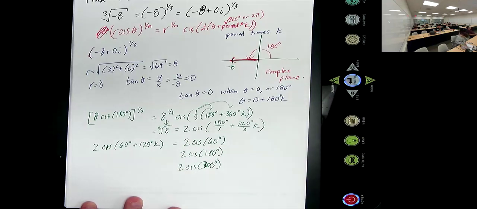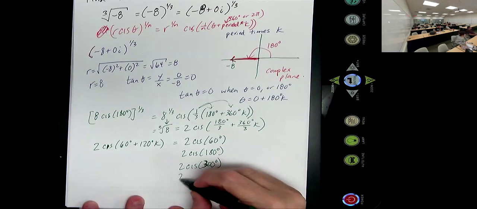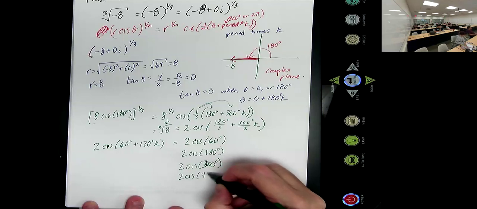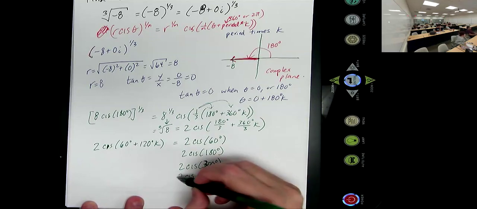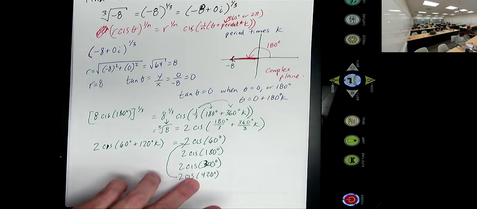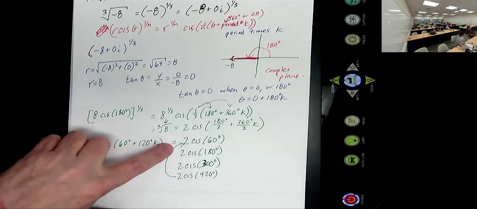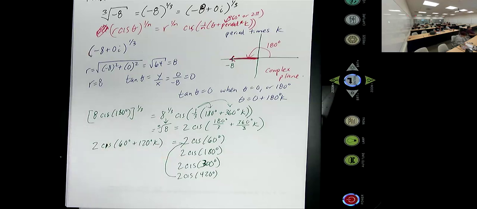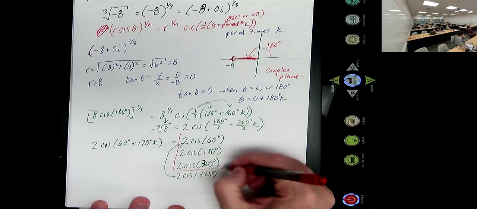If I went again, adding another 120 gets me 420, but now that's the same as that one. And I could keep doing it, another 120 is going to give us 540, but that's the same as 180. So we're really only going to have three.